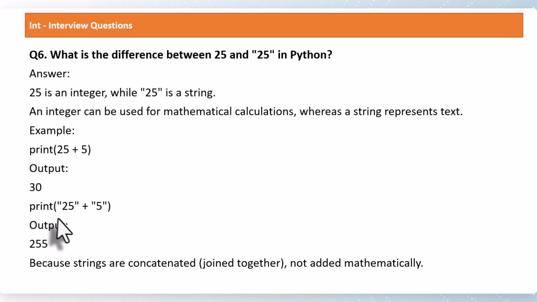But if you do "25" plus "5" in the form of strings, it will produce 255. Basically, it is not a number, it is again a string. 25 and 5 are concatenated, they merge, and 255 is a string again, because strings are concatenated, not added mathematically.